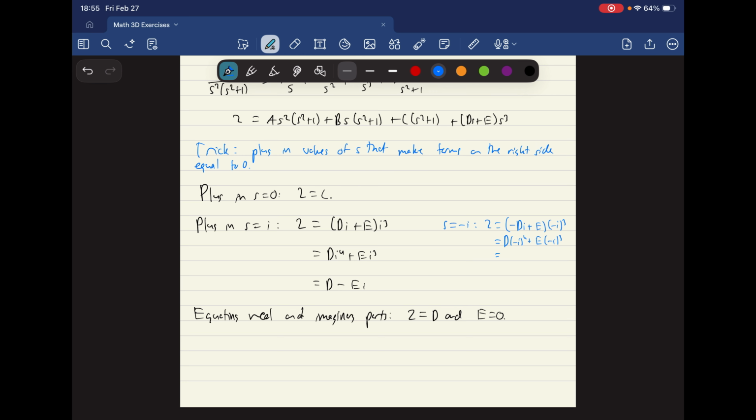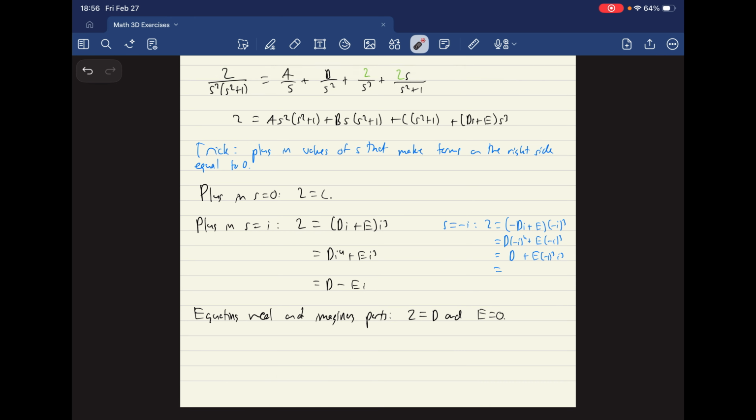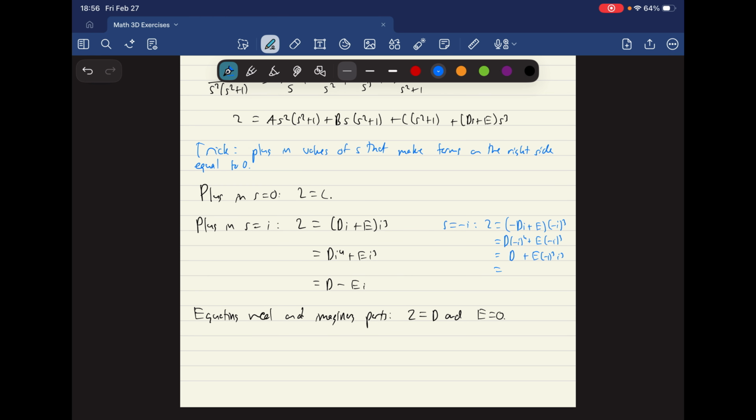And negative i to the fourth is still going to be 1, so this will be d. And then e times negative i cubed is going to be e times negative 1 cubed times i cubed. And we know that i cubed is negative i, and negative 1 cubed is negative 1. So this will be d plus ei.